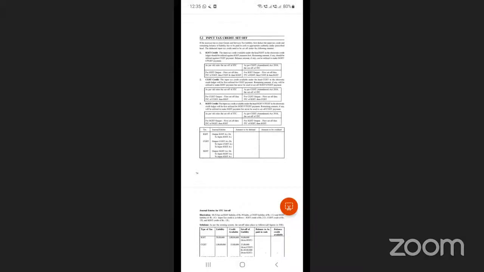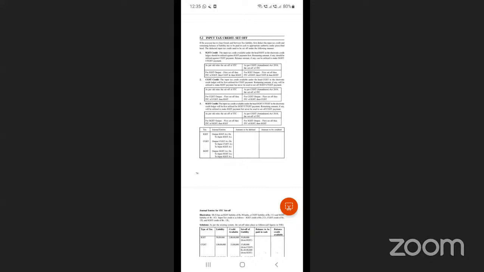Now, input tax set off is the one which we have to take into account. So, input tax credit set off.